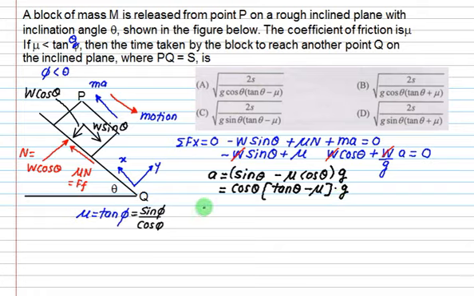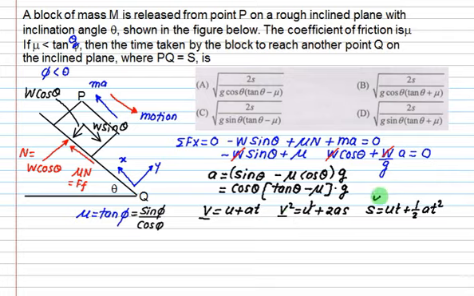So we have an equation V equals U plus AT. Another equation is V squared equals U squared plus 2AS. And the last equation is S equals UT plus half AT squared. We don't know the final velocity, so we'll go for the last equation.